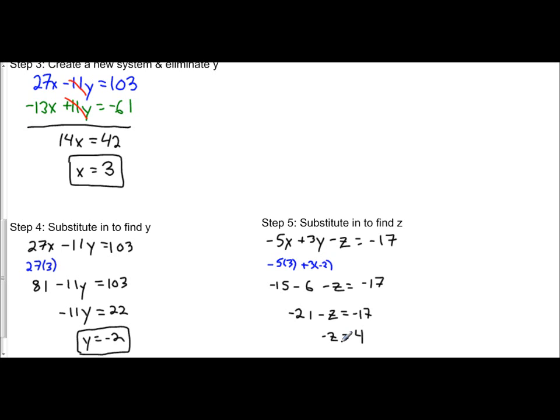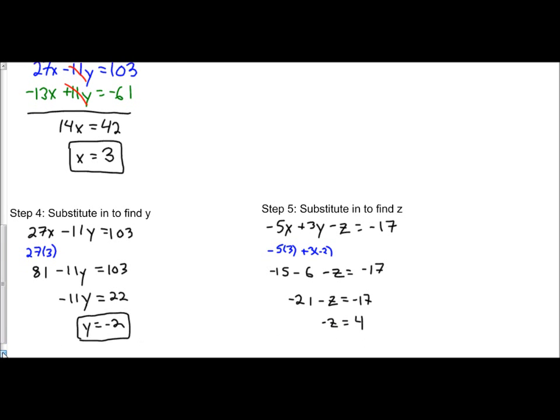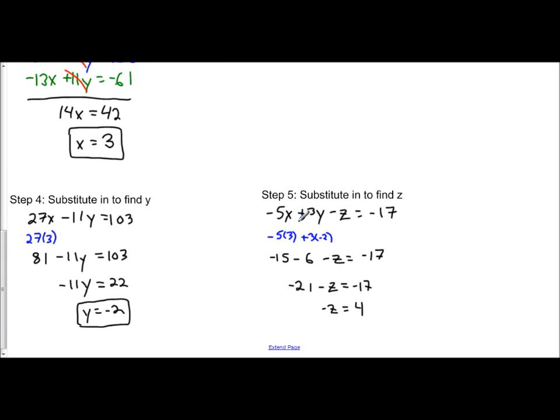And then when you divide both sides by a negative 1, you get z equals negative 4. And then write your answer as an ordered triple of x of 3, y of negative 2, and z of negative 4.